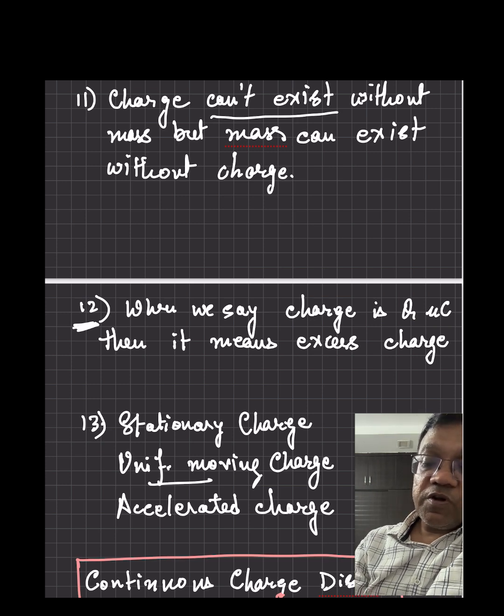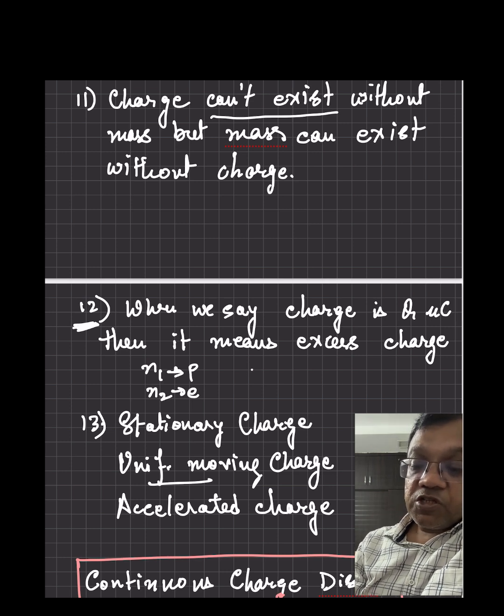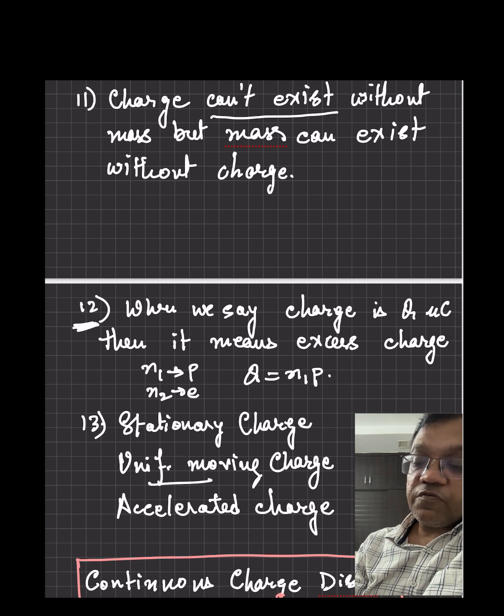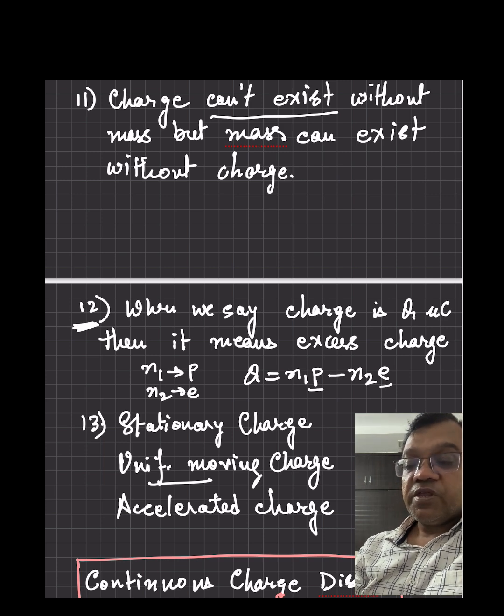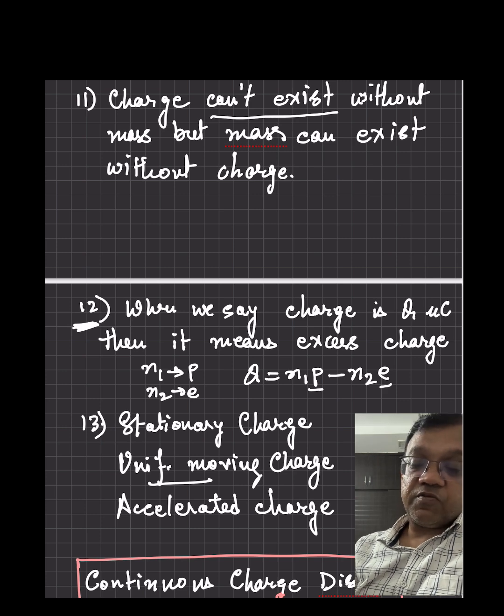Say, for example, one body has N1 protons and N2 electrons. If N1 and N2 are not equal, then the charge of the protons and electrons being the same in magnitude, you can say the charge is (N1 minus N2) times 1.6 times 10 to the power minus 19. Like that we can say.